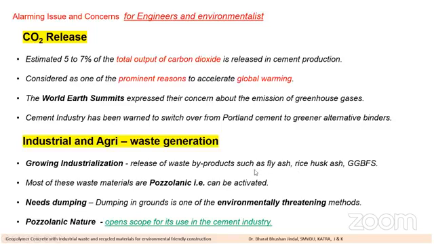So we are concerned about utilizing these waste materials instead of dumping them somewhere. The pozzolanic nature is a fascinating thing, and it creates scope for use in the cement industry. That's why even the government has encouraged the use of fly ash in the manufacturing of cement.